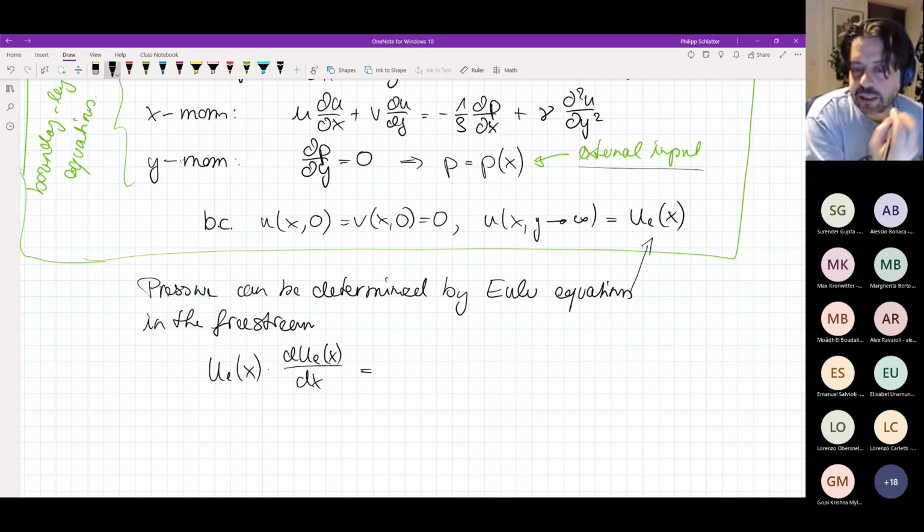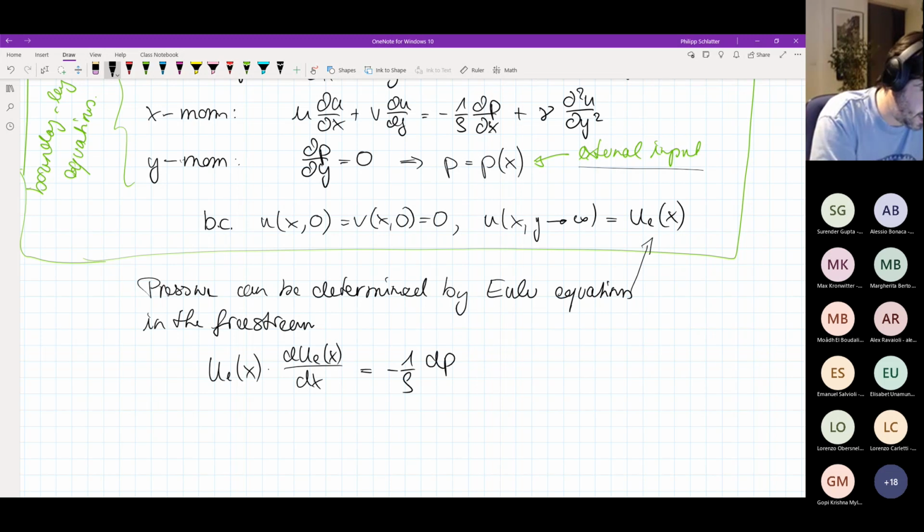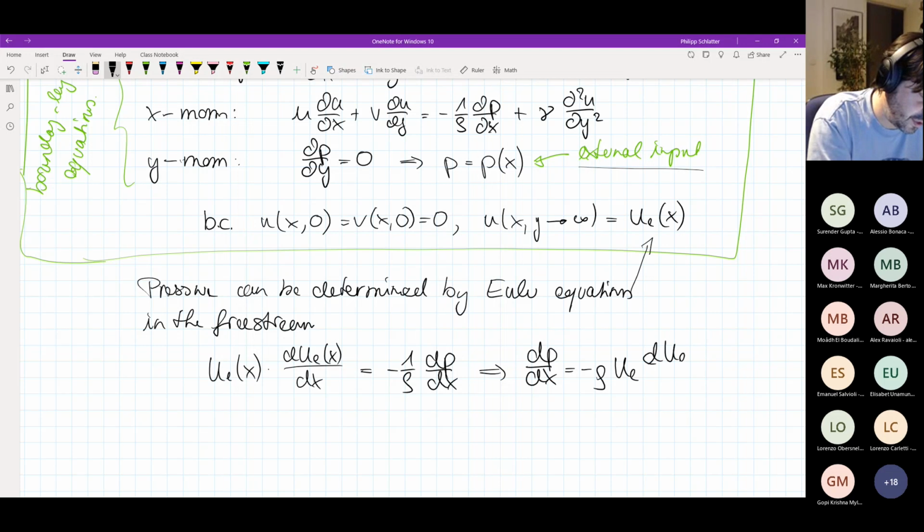And that is balanced in the Euler equation just by the pressure, so we have -1 over rho times dp dx, the streamwise pressure gradient. So this is the Euler equation. And now you can directly see how we can relate the pressure to the velocity in the free stream, namely this dp dx, the streamwise pressure gradient, is nothing else than minus rho UE dUE dx.